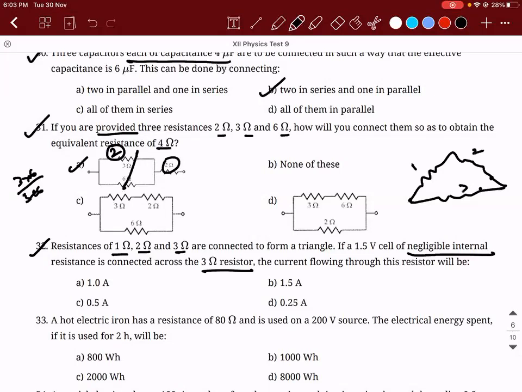Then the current flowing through this resistor, the 3 ohm resistor, will be how much? So how to calculate this? So first of all, 1 and 2 are in series. So this becomes 3. 3 and 3 are in parallel. What will happen?